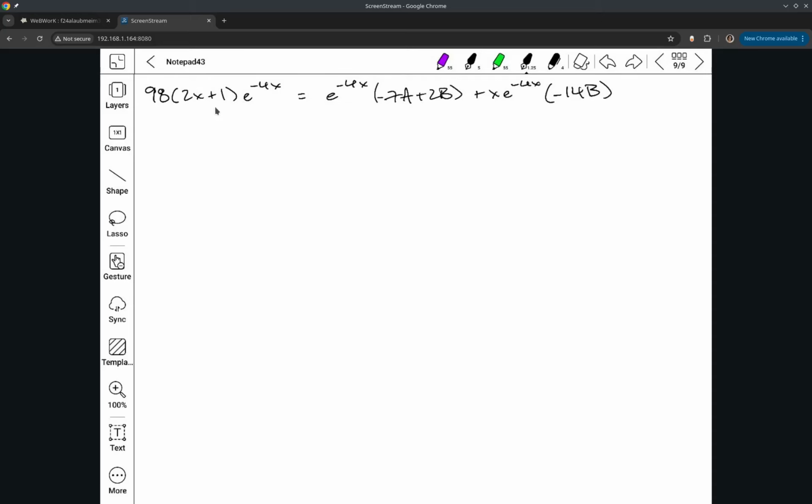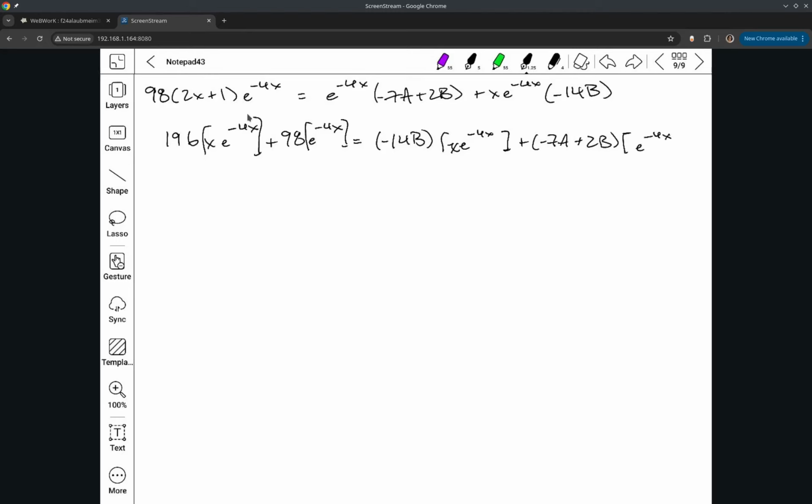Then this is 196x e to minus 4x plus 98 e to minus 4x. Just multiplying that 98 through is equal to minus 7a plus 2b. Oops. I'm going to swap these so that the order matches what we're seeing on the left. So minus 14b x e to minus 4x plus minus 7a plus 2b e to minus 4x.